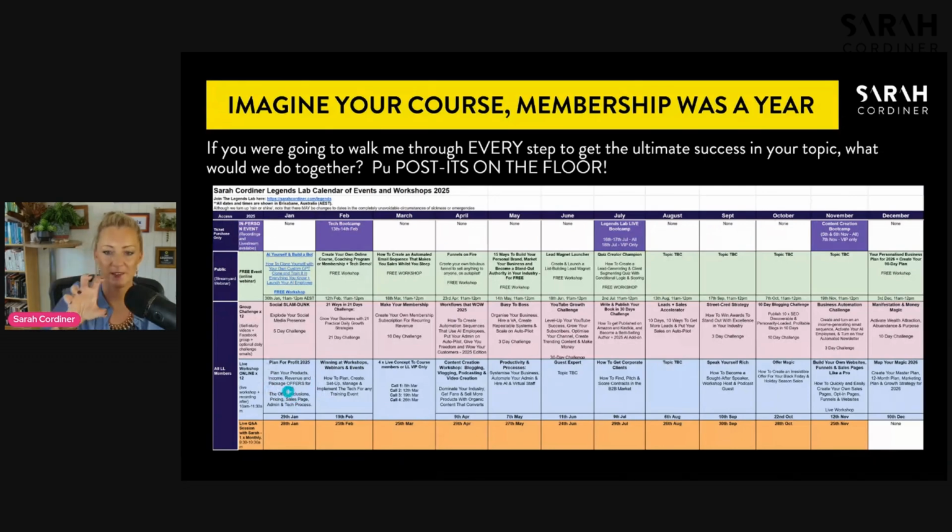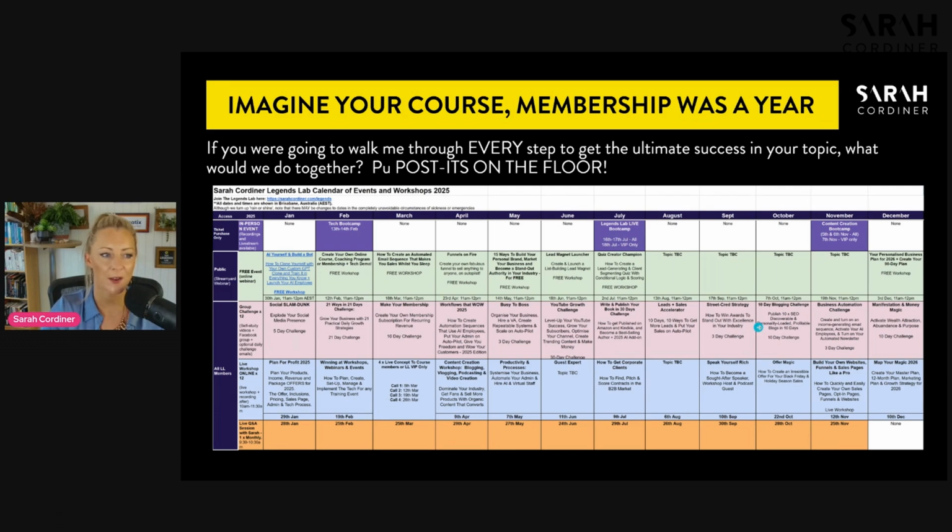This particular post-it note, I might make a live group training that I'll run once in the group training section, right? That particular post-it note, I might pre-record as a 10-day challenge that I run in October. So essentially, if this is a membership, you're organizing how and when you're going to deliver each of those pieces of information.